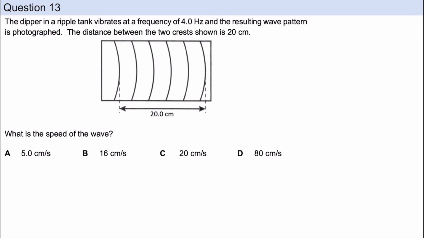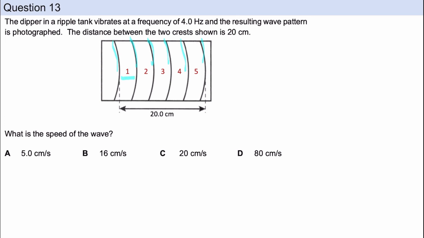Question 13 is to find the speed of a wave given a wave pattern. Here we have wavefronts. Each of these lines is a wavefront, and here we have 6 wavefronts, and the distance between each wavefront is 1 wavelength.